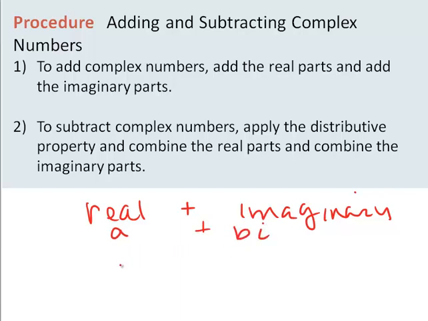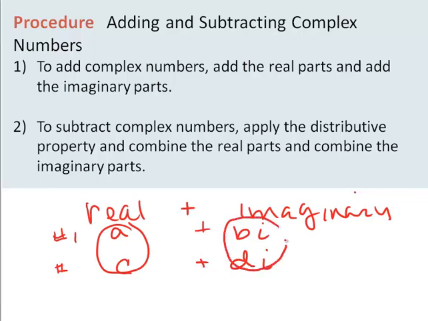If you're adding two complex numbers, let's say that one is number 1 and here's number 2. I'm going to combine the real numbers, and then separately I'm going to combine the imaginary parts.